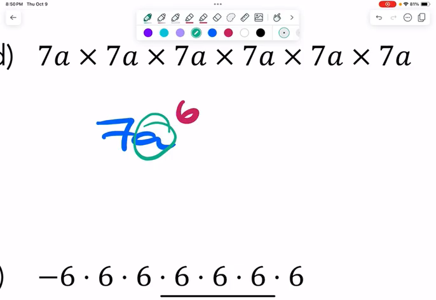That's what's immediately next to it. The 7 is attached to the a through multiplication. That would happen after taking a to the power of 6. So if we want that exponent of 6 to apply to the whole thing, we need to put brackets around that whole thing.